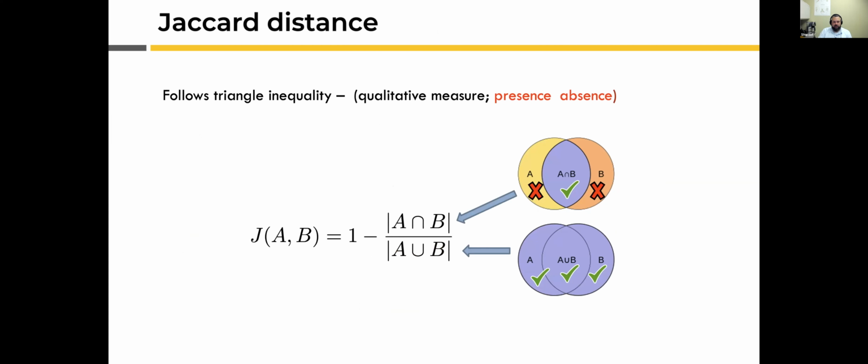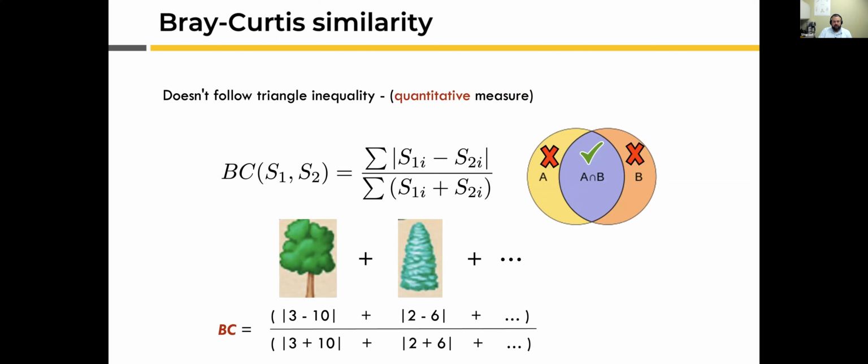And again, the Jaccard distance, as I described, and Bray-Curtis similarity also look somewhat at the difference of the ratio of shared and non-shared species.